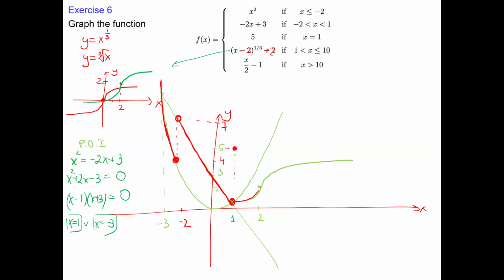From 1, this value is 2, up to 10. And what's the value at 10? 10 minus 2 to the power of 1/3, plus 2. Yes, we're looking for the value. 8 to the power of 1/3, which is the cube root of 8, plus 2. 2 plus 2 is 4. Okay, that means this is 4.